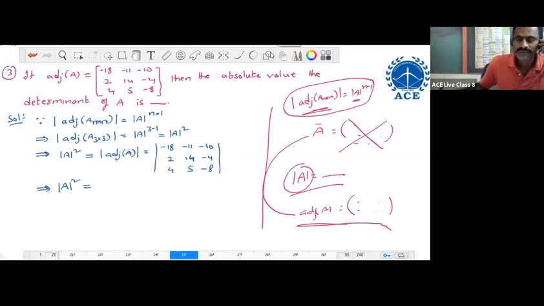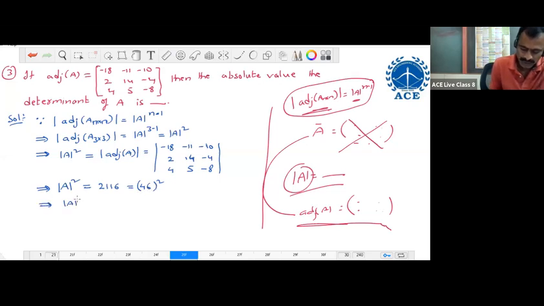What is the value? I'm writing the value, just check whether it is correct or not. Right, 2116. It is the square of 46.